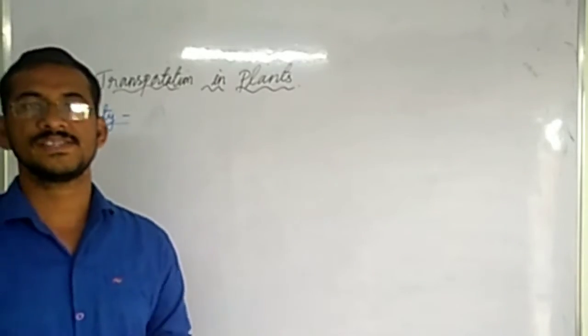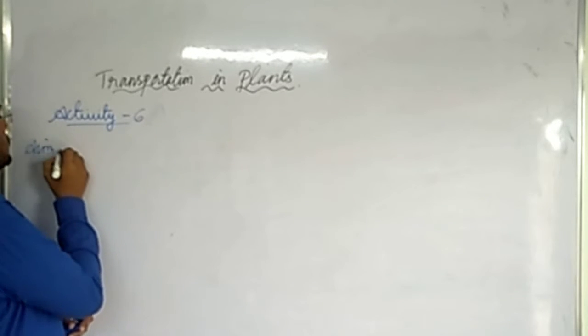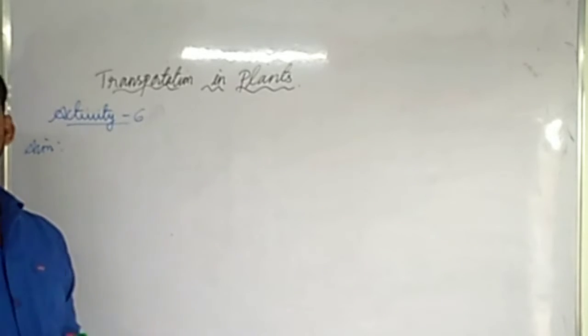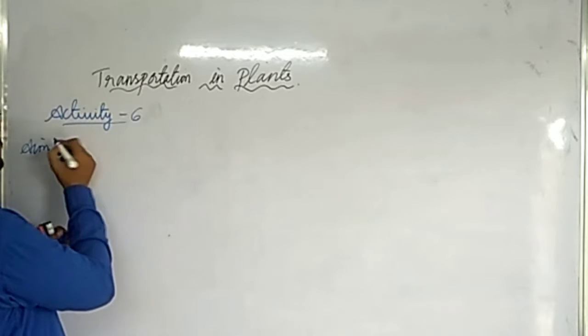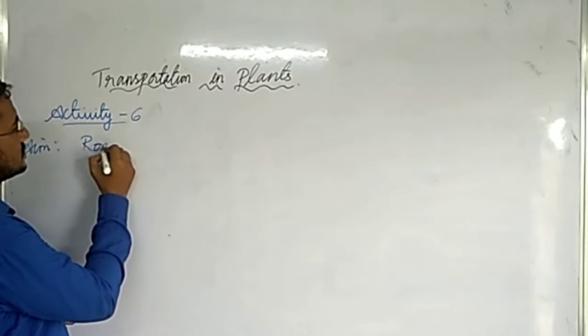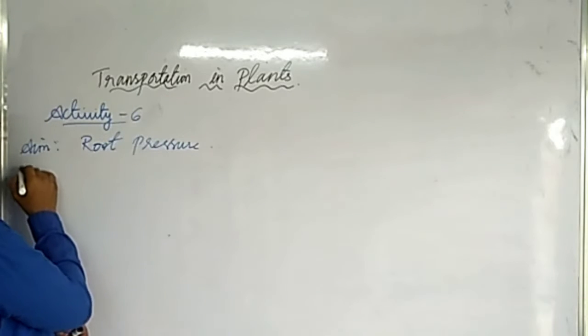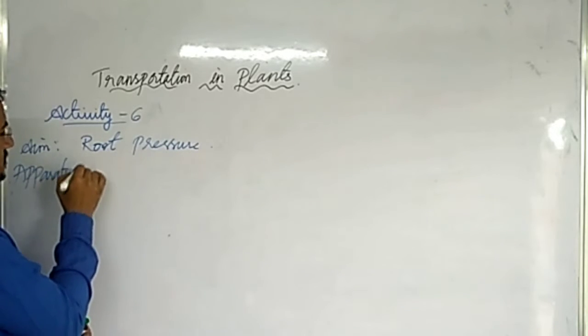Now let us see activity 6. In activity 6, the aim of conducting this activity is to observe root pressure in plants. Now, what materials are required to conduct this experiment?